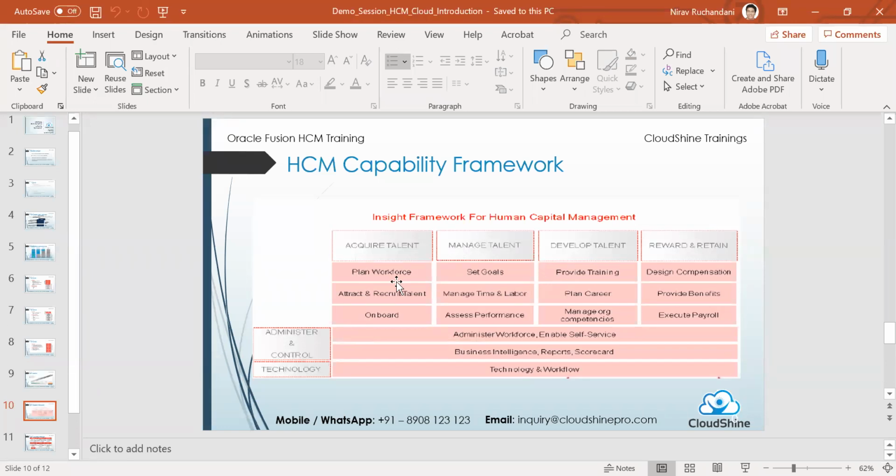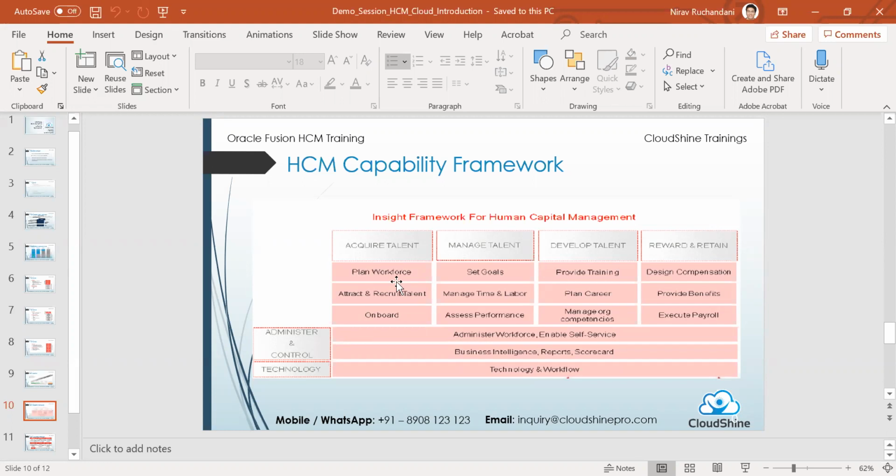And after you have assessed the performance, of course, through the course of the career, you will provide different sorts of trainings, plan for their career shifts or career movements, and manage the different competencies or skill sets of the employees. That forms a part of the development of talent work stream. And of course, not to forget the rewards, which caters to the compensation needs.